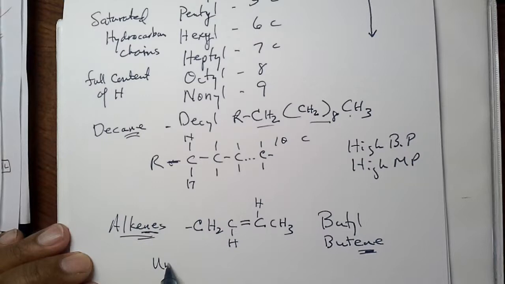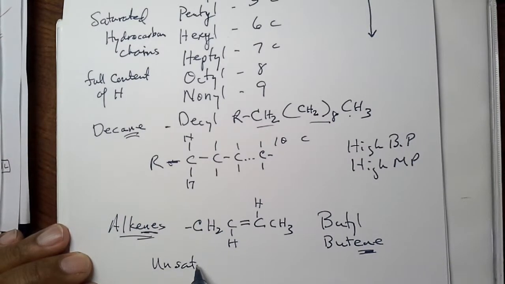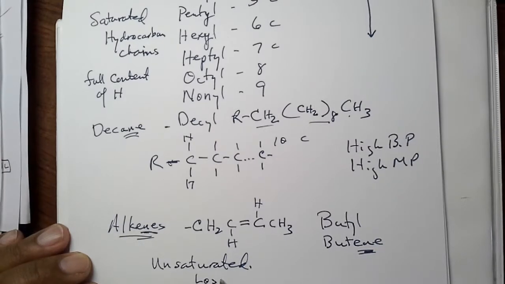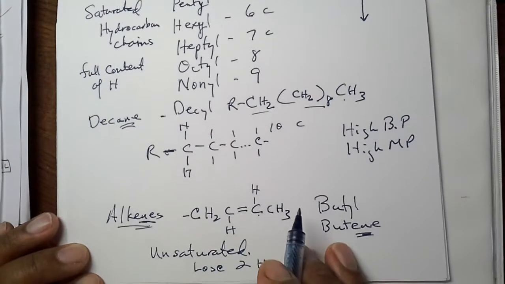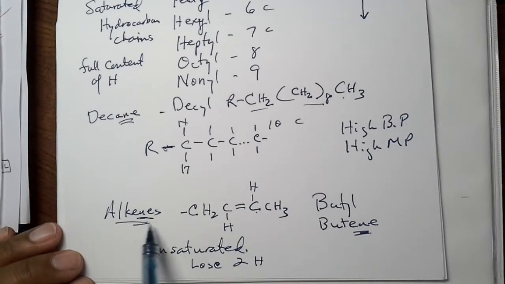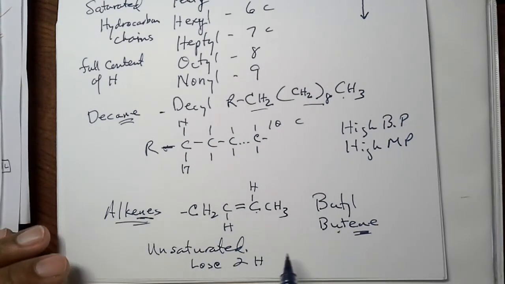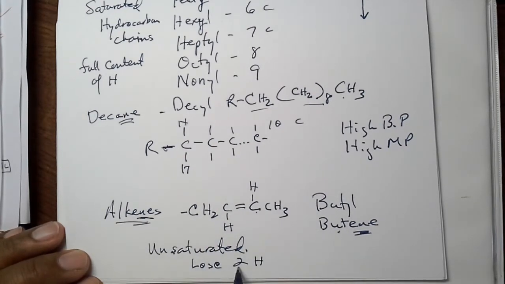And with the double bond, we lose 2 hydrogens, here and here. Alright? So that makes this long chain of butene unsaturated, because it lost some hydrogen. Could be 2, could be more. But anytime you lose hydrogen from the chain, it becomes unsaturated.